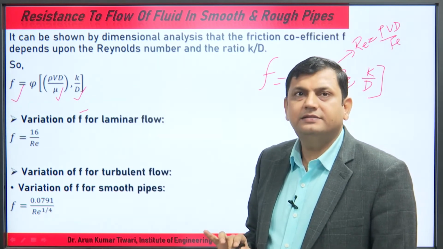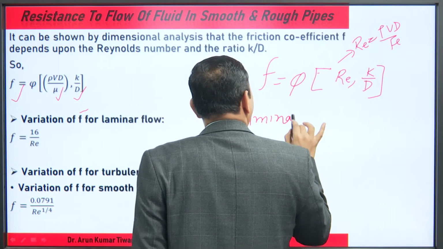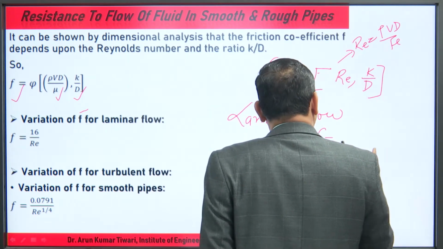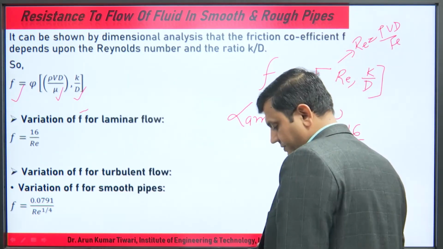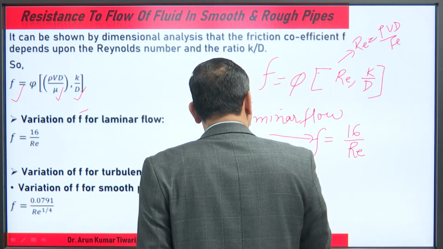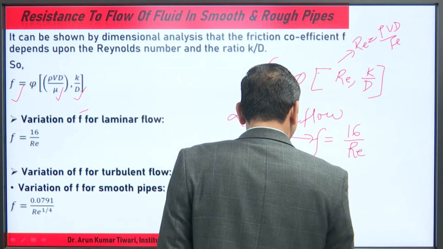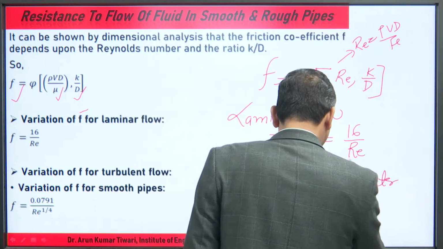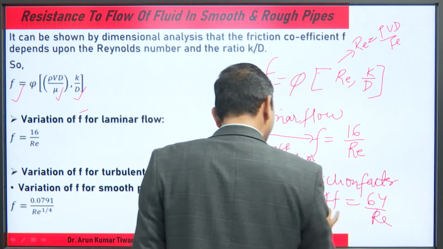For laminar flow, f is calculated as 16 upon Re. This is the coefficient of friction. If it is the friction factor, multiplying by 4, 4f equals 64 upon Re, so f becomes f dash.